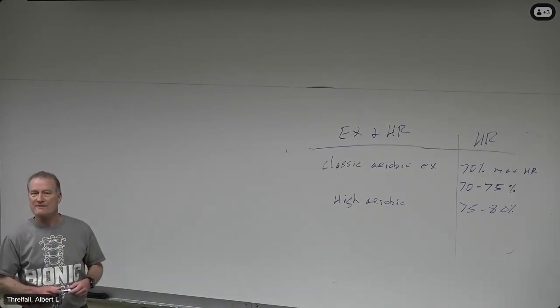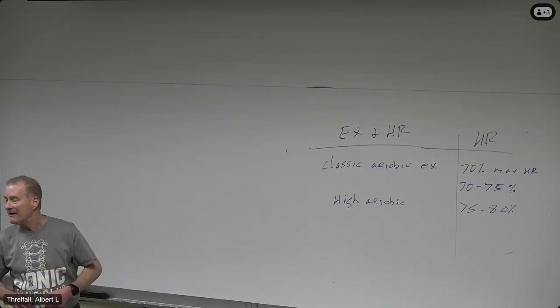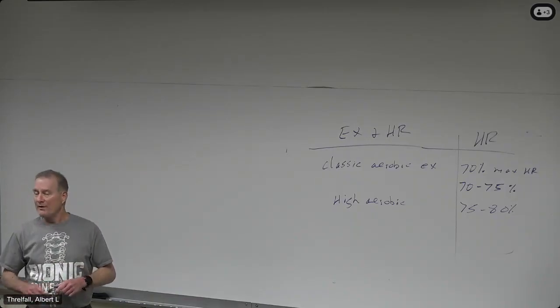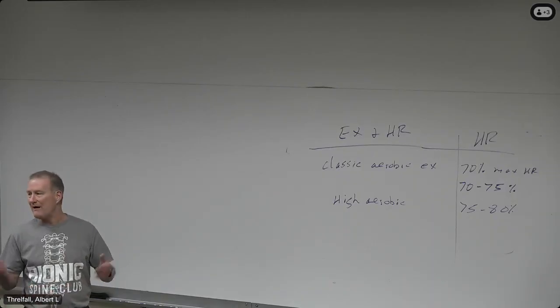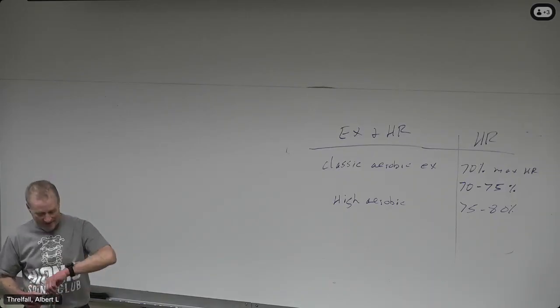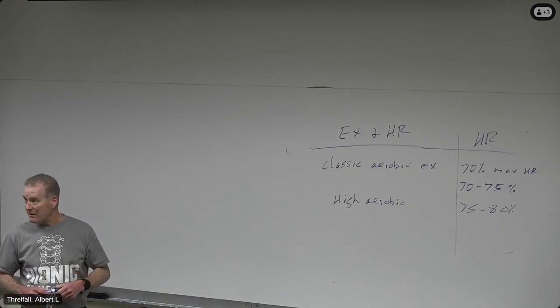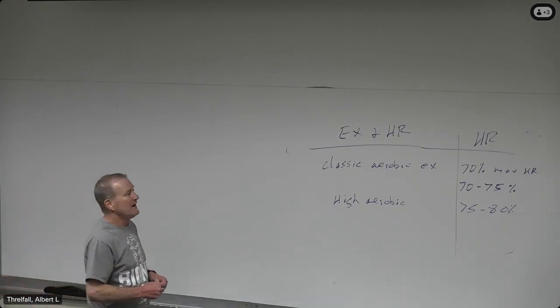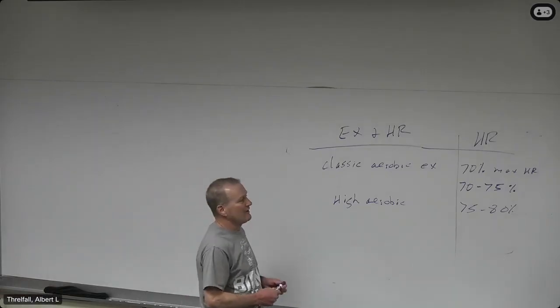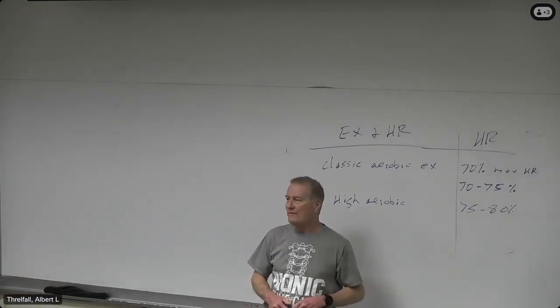When you go to college, there's an assumption that you have the internet. Well, the modern watches, the Garmin, the Apple, probably, I don't know, half the people have one of those. You can glance at your watch and you can see your heart rate. So it's become easier and easier and easier to exercise based on your heart rate. But a lot of people don't want to fool with any of that.